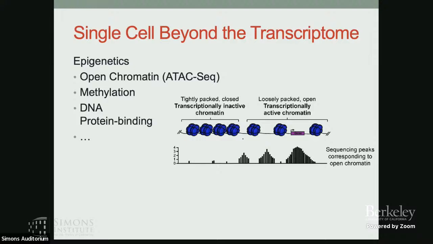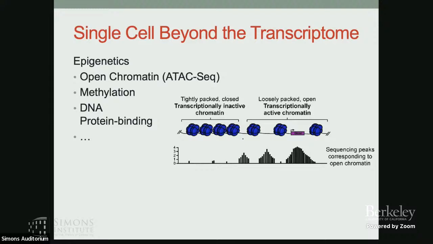So examples are things like open chromatin, methylation, proteins binding to DNA, and so forth. And I'll talk specifically just to give a little bit of background about open chromatin to make sure we're all familiar, because this is one that's actually become really fairly frequent in single cell sequencing, ATAC-seq.